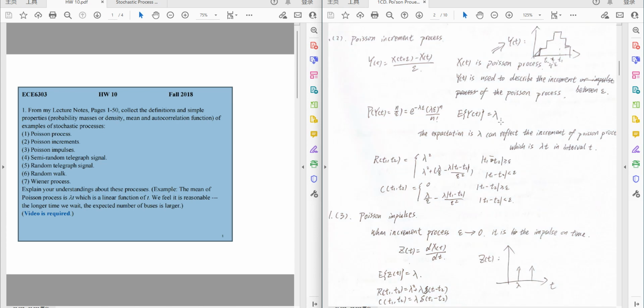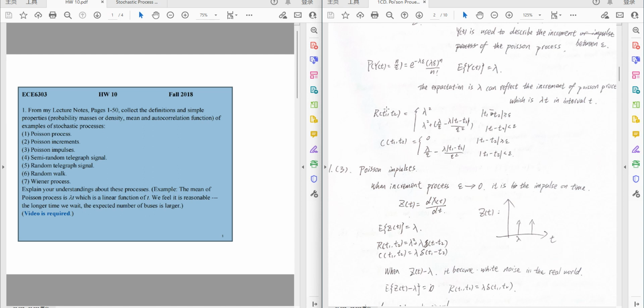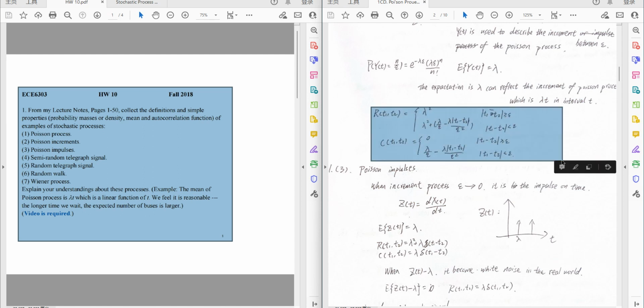This corresponds to our understanding: the expectation of the Poisson process is lambda t, and with the increment we get only lambda. Here the expression lambda reflects the increment of the Poisson process, which is lambda t in interval t. And we can also get the R and C like this.